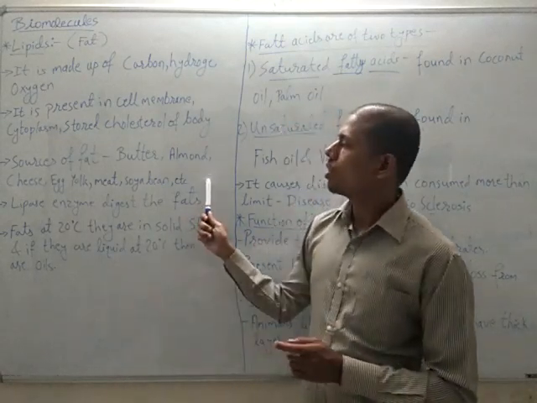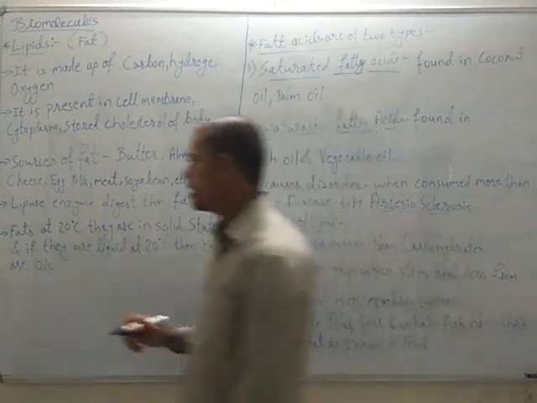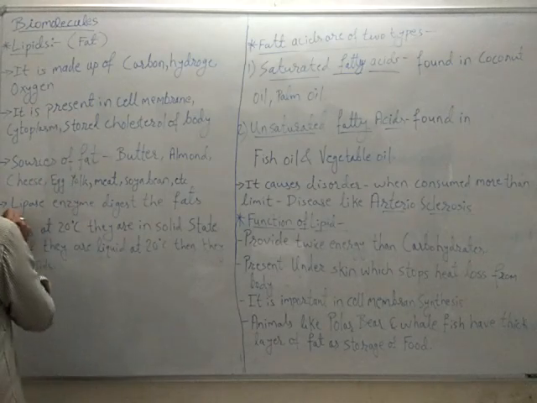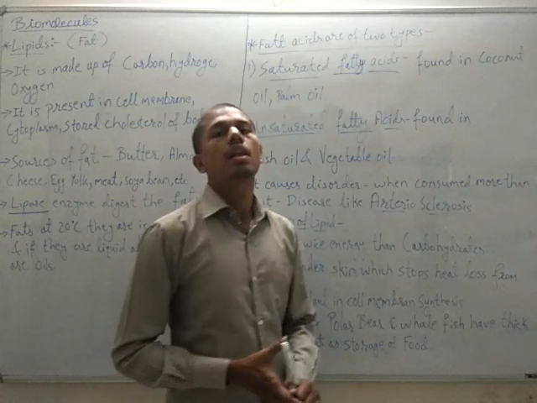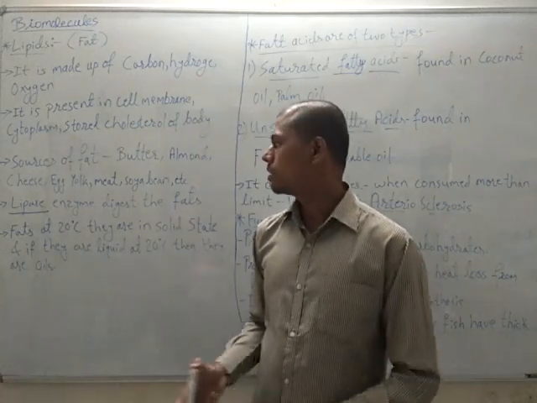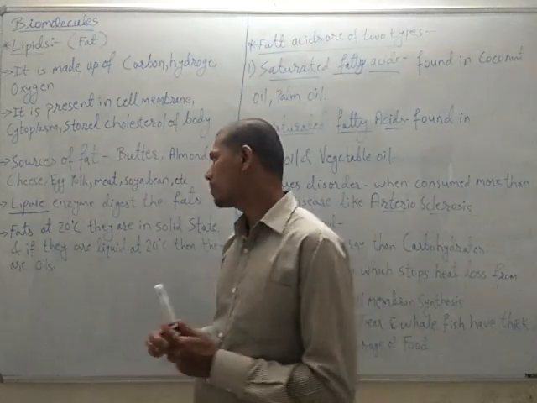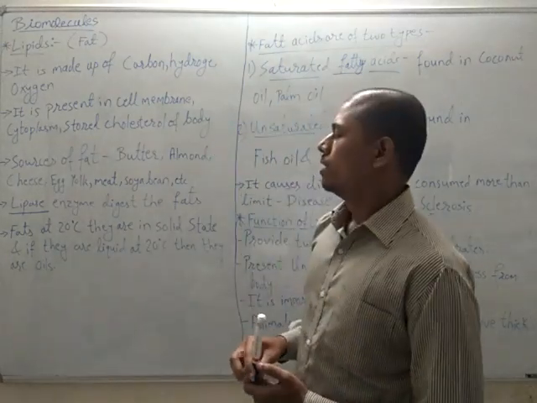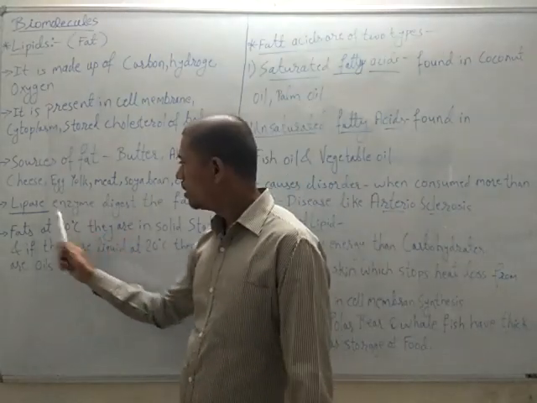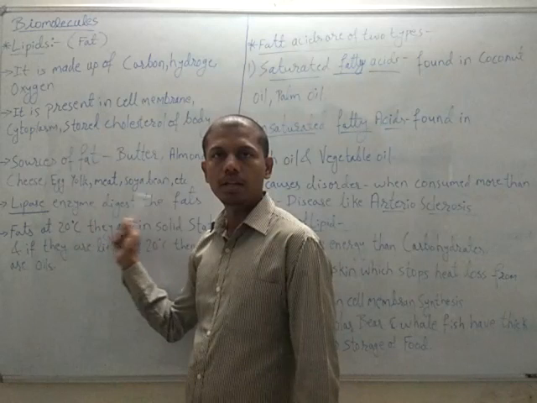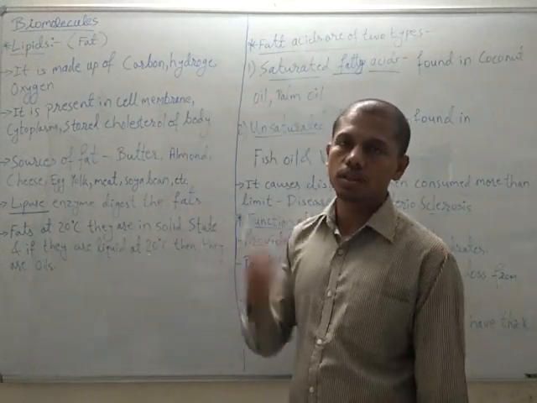For the digestion of fat, the enzyme present in human beings is lipase enzyme. Please remember the name of the enzyme. Lipase enzyme digests the fatty food products that we eat in human beings.